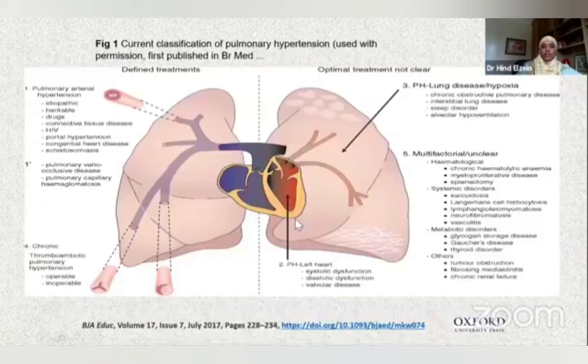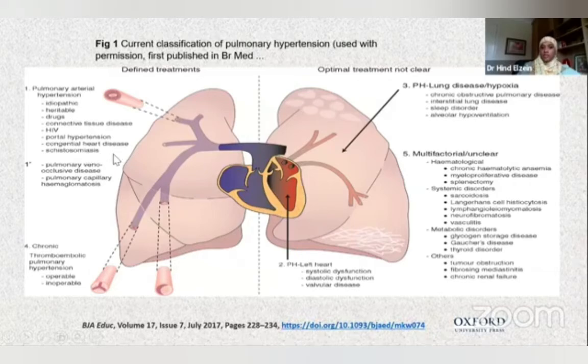Maybe I show this slide. As I said, I borrowed it from, as you can see here, the reference is from the Oxford University Press site. So group 1 is a group of diseases, as we can see, including the idiopathic pulmonary hypertension, secondary to drugs, and also hereditary pulmonary hypertension.